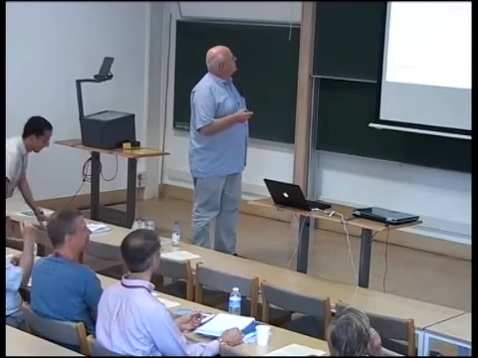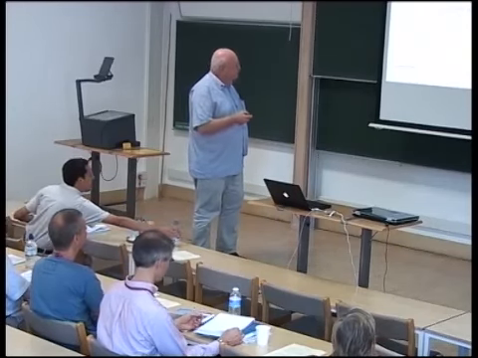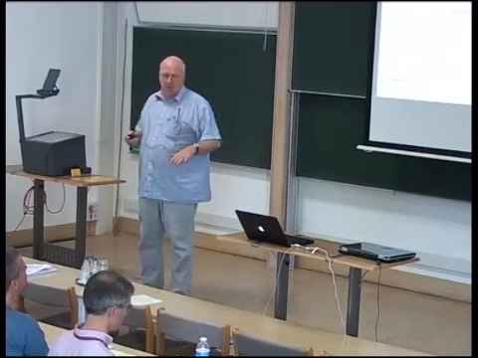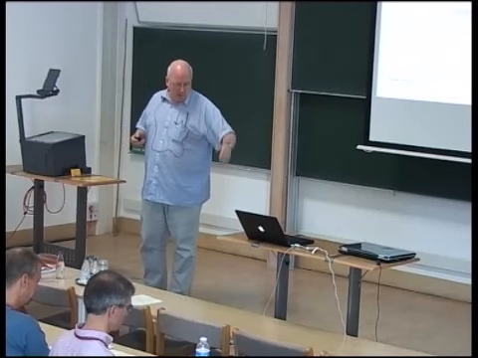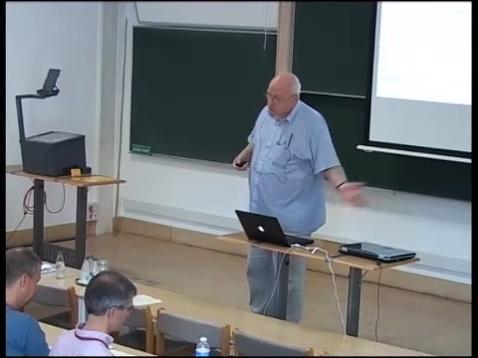So this is Fourier regression, and it's another class of models, not wavelets but standard multidimensional Fourier regression. So they're signal processing models fitting. If you're a signal processor, you might be interested in fitting Fourier regression, say, in 2 dimensions.